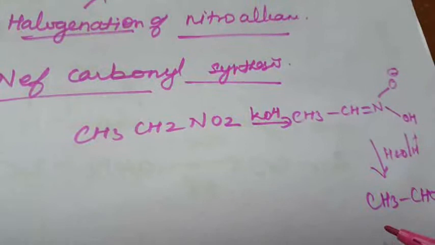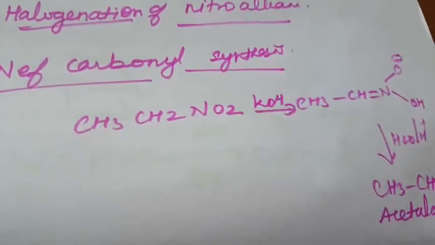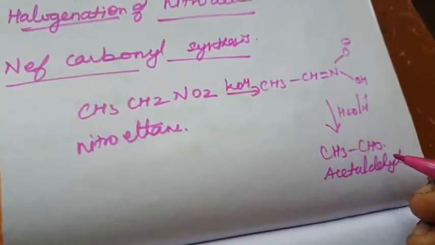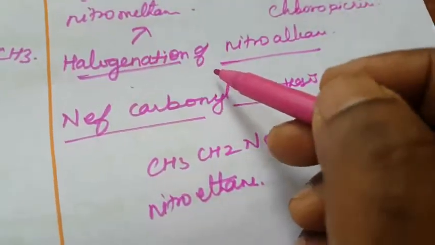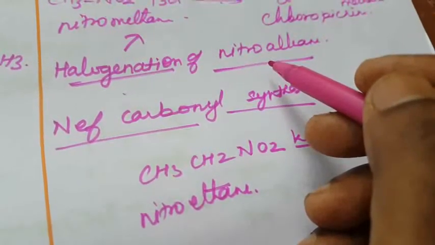What is the compound name? This is called acetaldehyde. Okay, acetaldehyde. Nitroethane, KOH to form it. What are the uses of this halogenation? Nitroethane is suspected to cause genetic damage and be harmful to the nervous system.